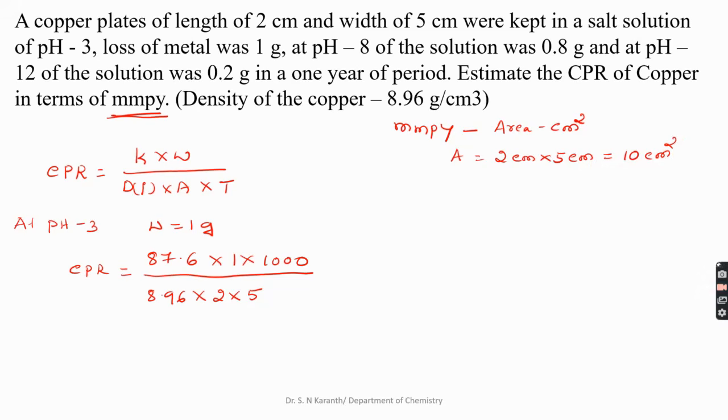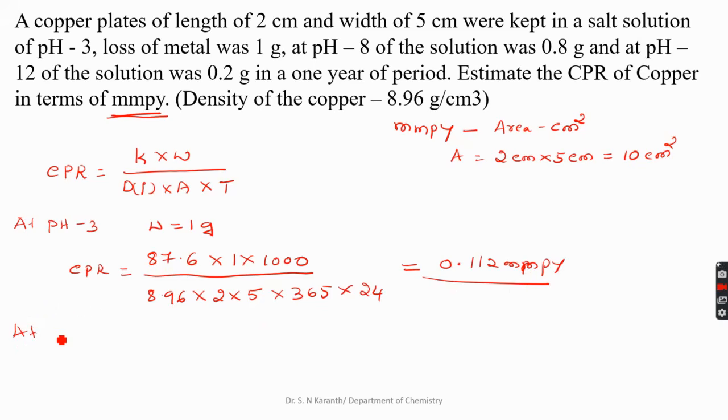The period is given 1 year, so 365 days into 24. So the CPR value becomes equal to 0.112 Mmpy. Okay, this is a loss.